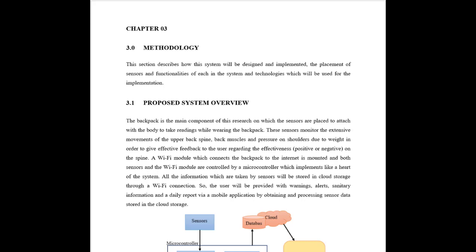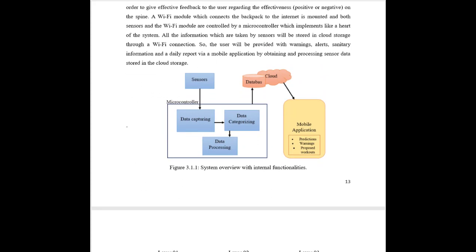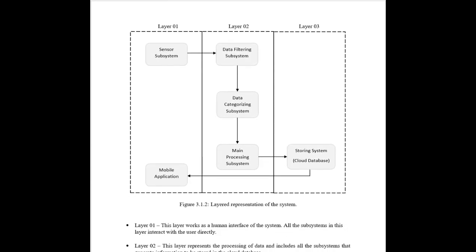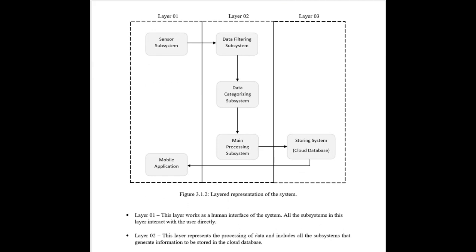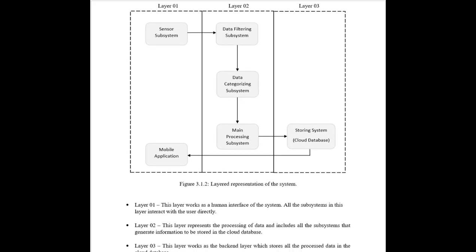Also, the expected functionalities in the proposed device as the part 2. This is the layered representation of the system. This shows how the system works at each layer. Each functionality inside the system works at each layer.